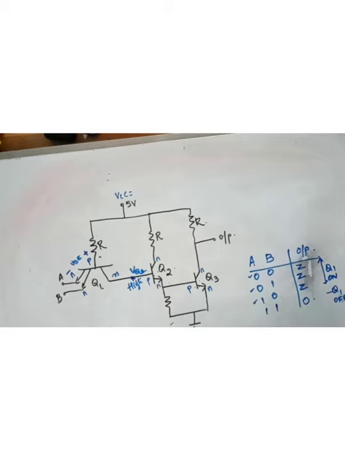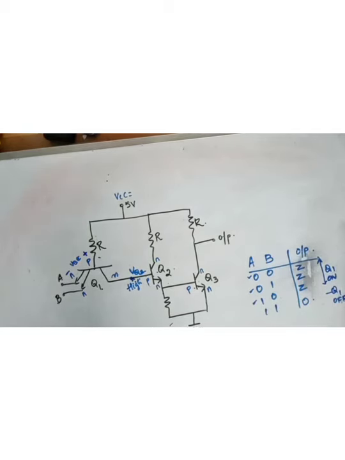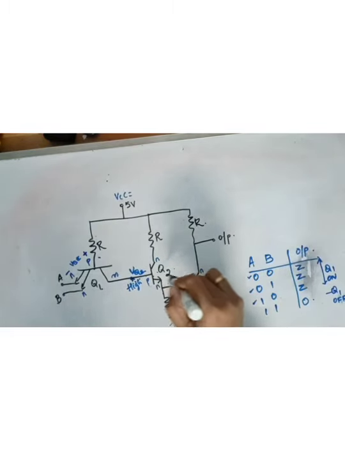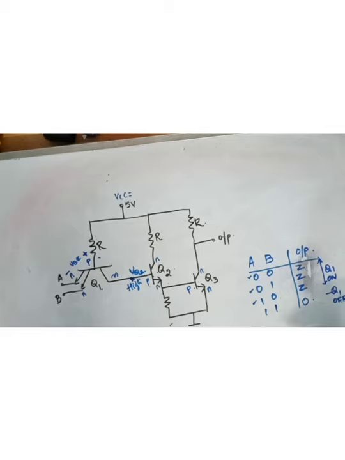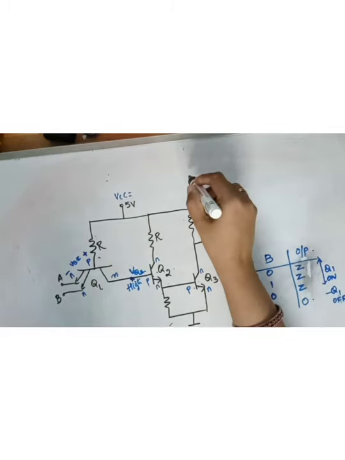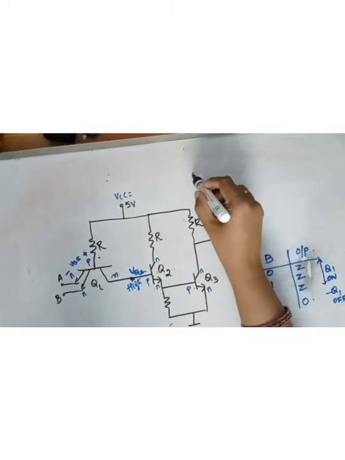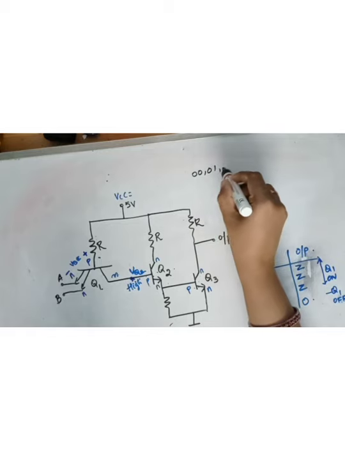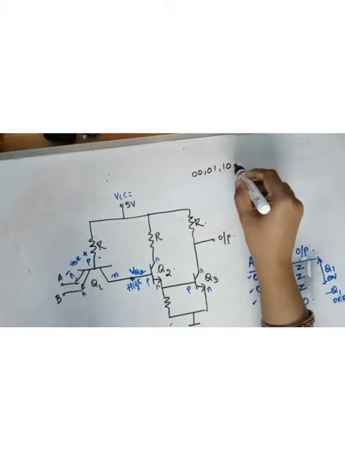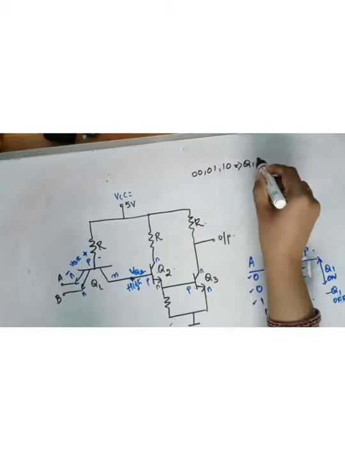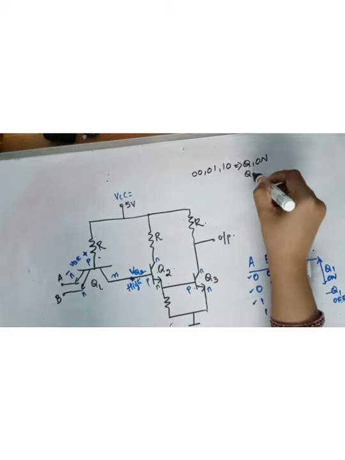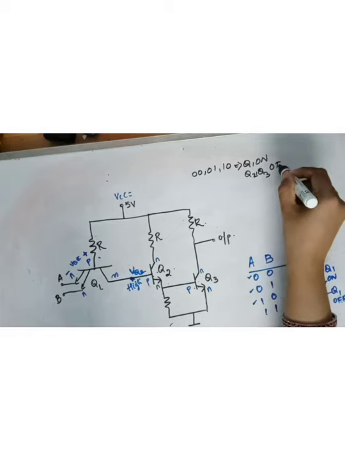So rest everything is the same. In the first three cases, Q1 is on, Q2 and Q3 are off. So when AB is 0 0, 0 1, 1 0, Q1 on, Q2 and Q3 off.